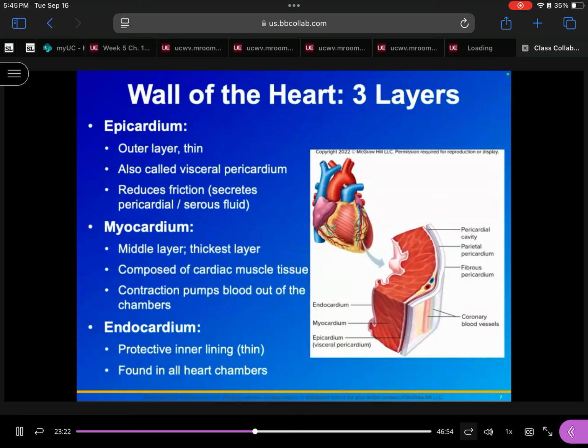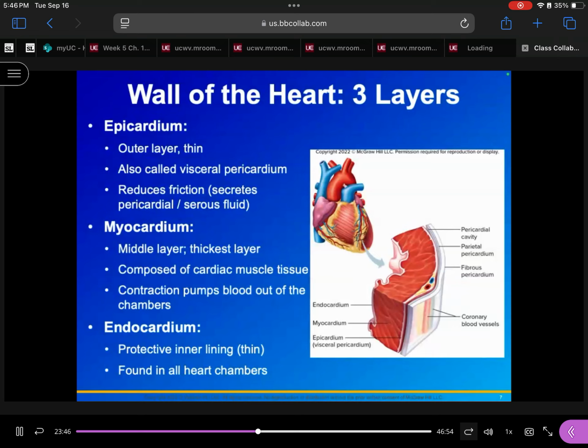So it is malleable because it's just one thin layer. But remember what we talked about with the blood vessels, where we had to have a balance between anticoagulants and coagulants? We would want the lining of those chambers to be very smooth because we do not want a buildup of anything in there. So that's going to be an extremely smooth layer.